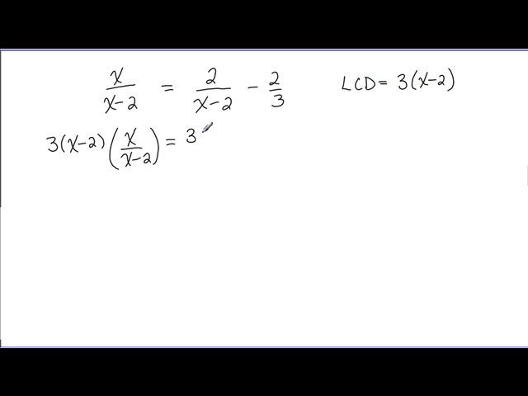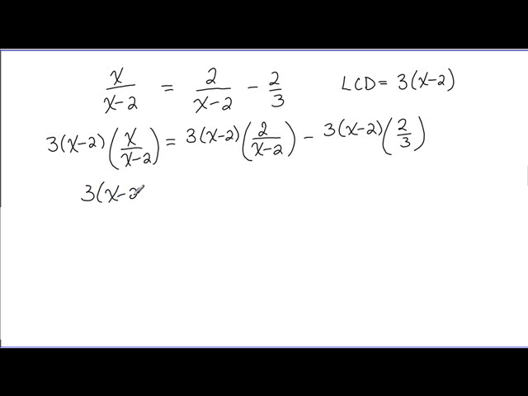And I'm going to go ahead and distribute that and write it as two separate terms on the right side. So we're looking then at 3 times x minus 2 times x over x minus 2. 3 times x minus 2 times 2 over x minus 2.